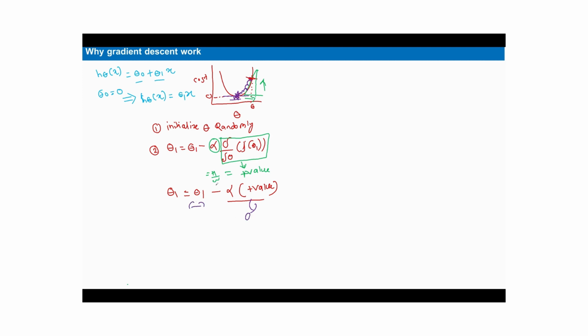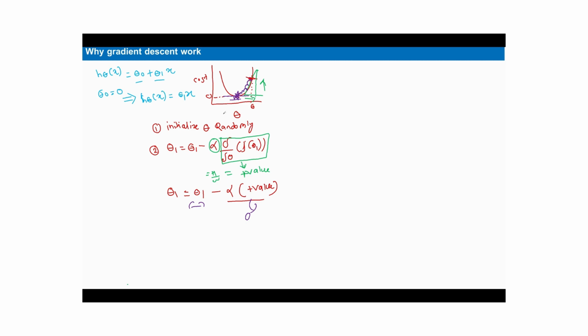So once we reach the global minima, we can break the repeat until convergence loop, and we find the global minima and the optimal values of theta where the cost becomes 0. Because of this particular arrangement, the formula I told, gradient descent works properly.